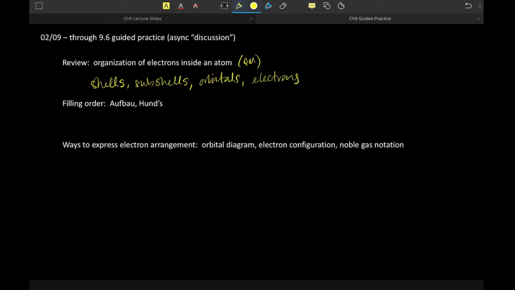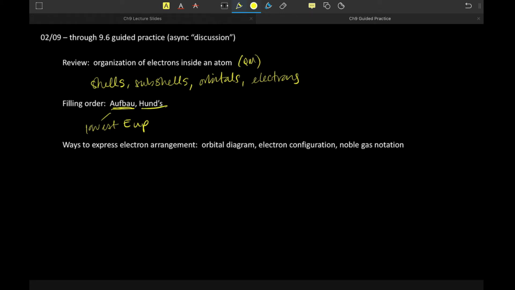In terms of filling order, we have two guiding principles. Aufbau says we fill lowest energy up, which means we always start at the lowest energy orbital, subshell, shell, and work our way up.